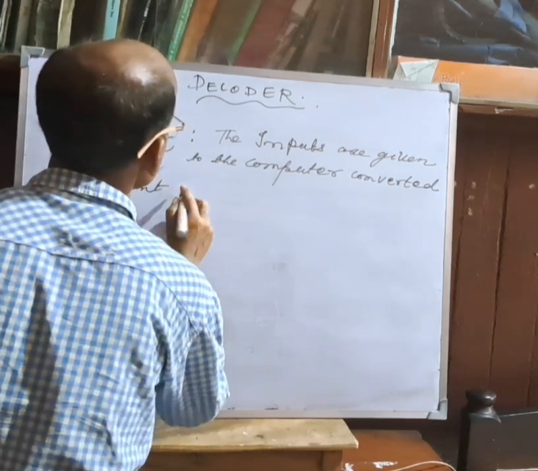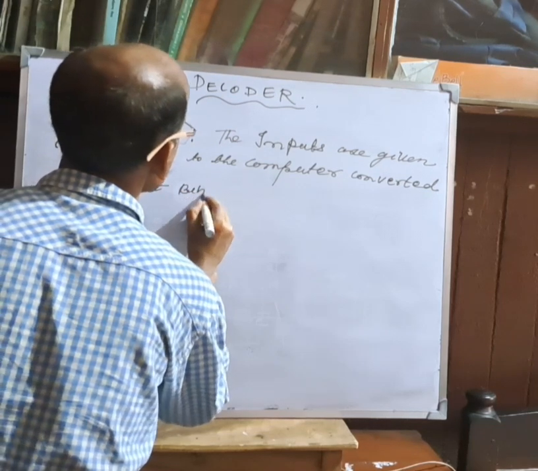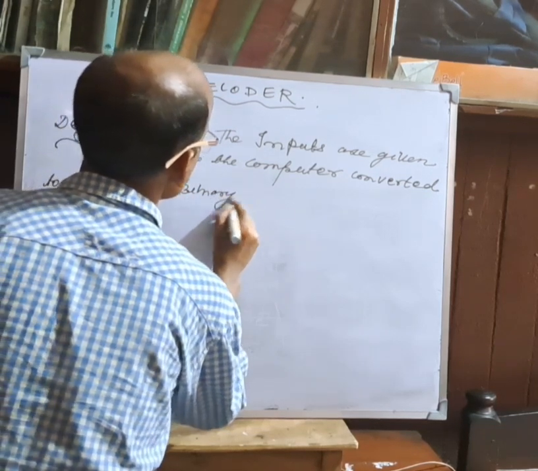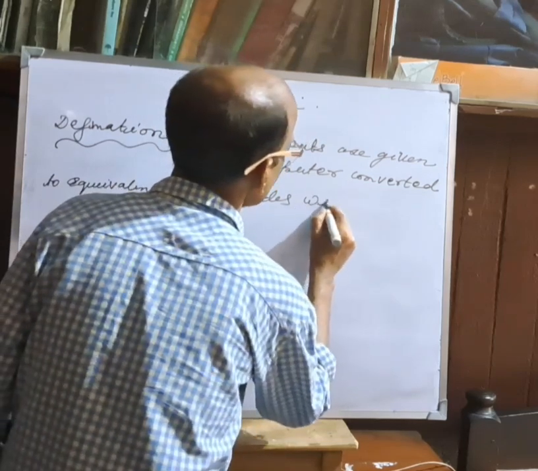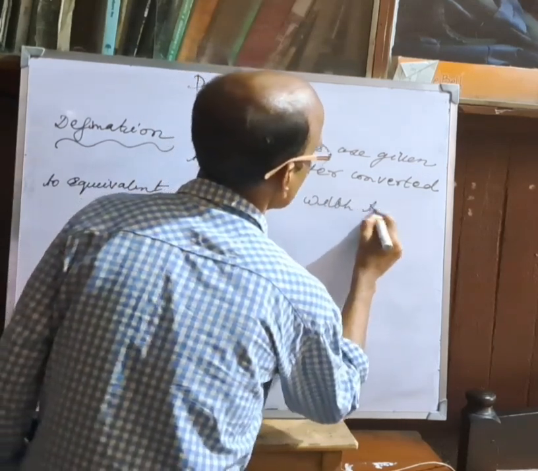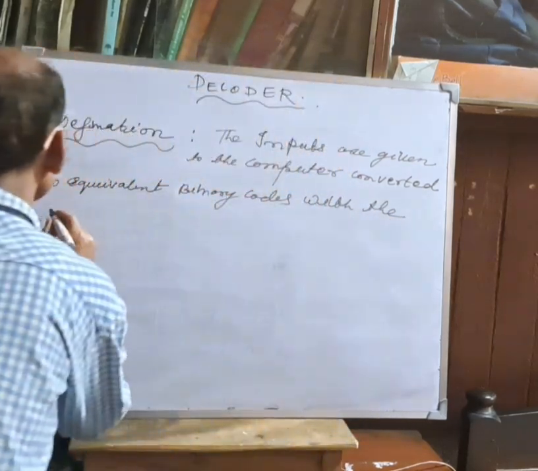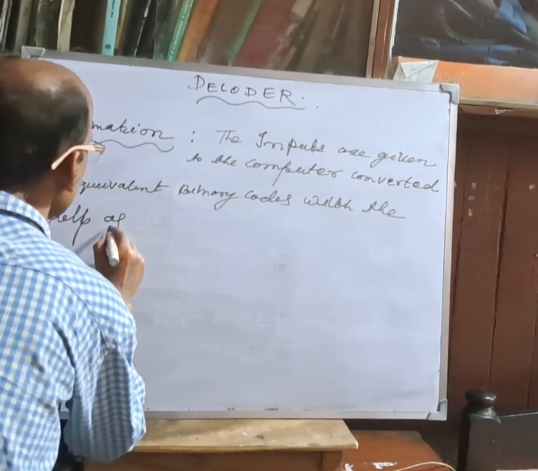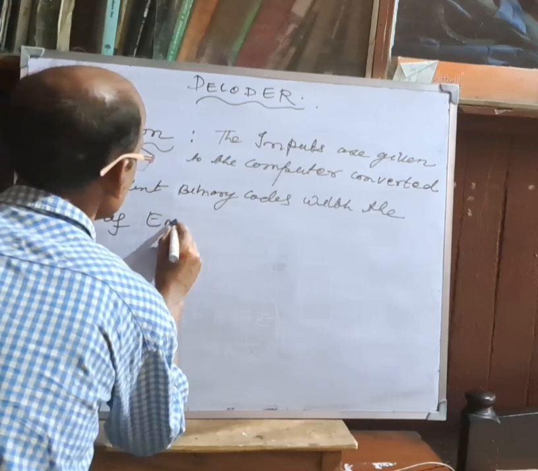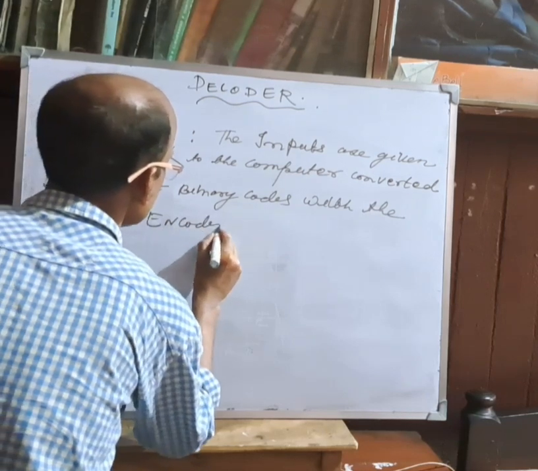We can write binary codes with the help of encoder. Clear?